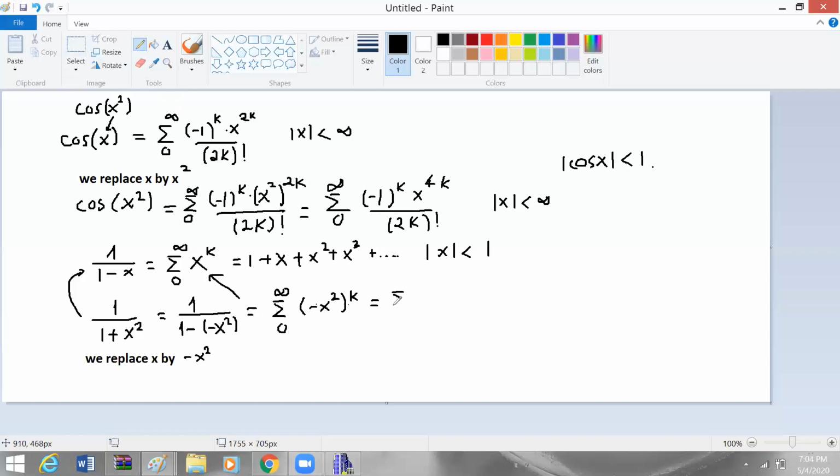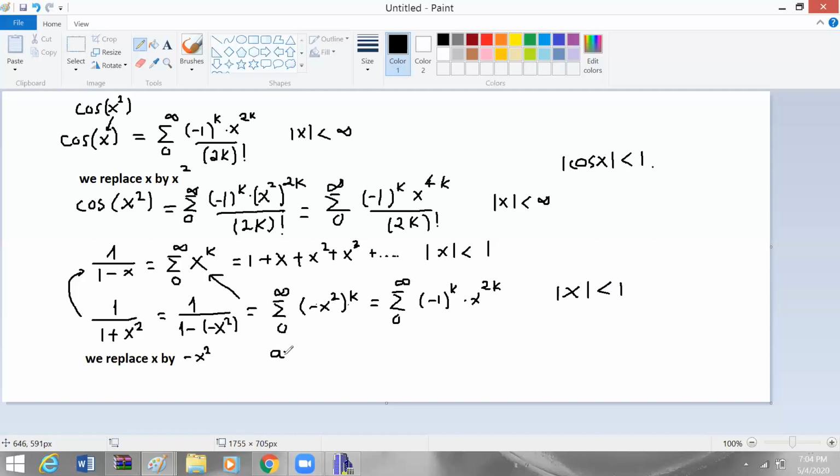So meaning that we're going to rewrite the terms as negative 1 to the k times x to the 2k. And also the radius of convergence should be less than 1, making sure that it's less than 1 for that part. So I can also write the arctangent.